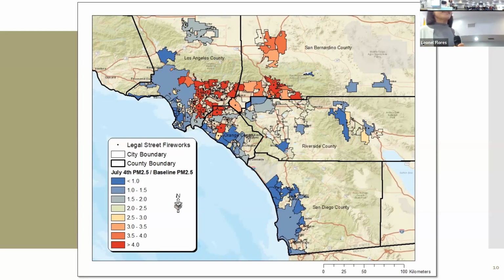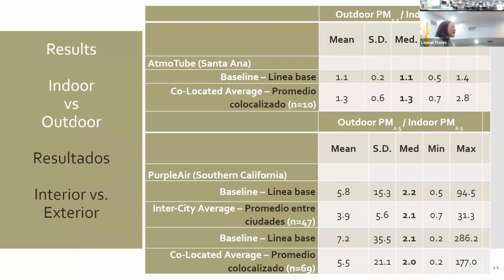Okay, next slide. I told you that air quality is important, right? I showed you that in Santa Ana, indoor pollution is lower than outdoor pollution during this time period. But how does Santa Ana compare to the other parts of Southern California? For households that have both indoor and outdoor sensors in the PurpleAir data, we can compare Santa Ana to the other cities.